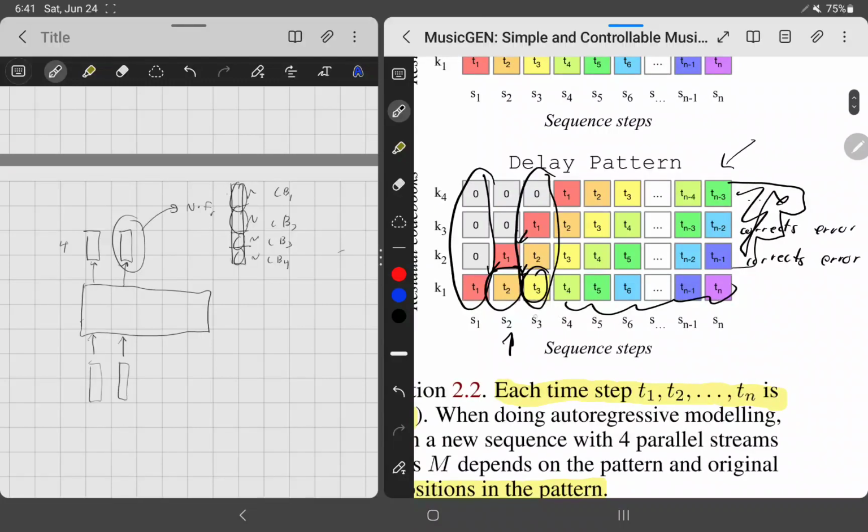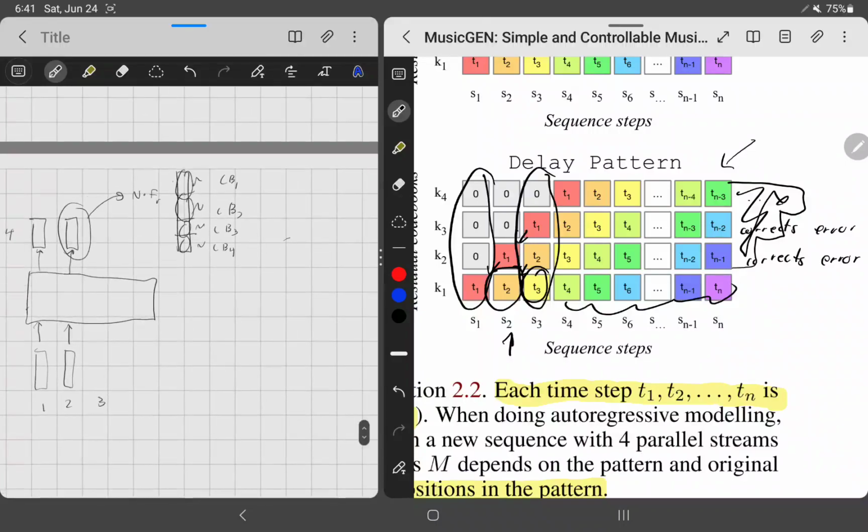Say we're doing 3, because this would be 1, 2, and 3. Then codebook 1 would want to generate token 3, so this would be T3 sub 1, because it would be T3, T2, T1, and this would just be 0. That's what it's doing the softmax over.